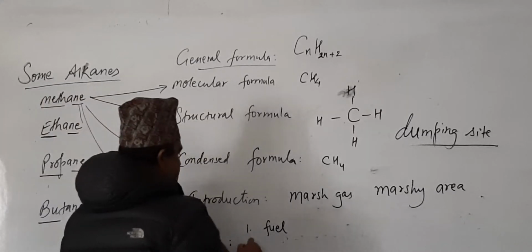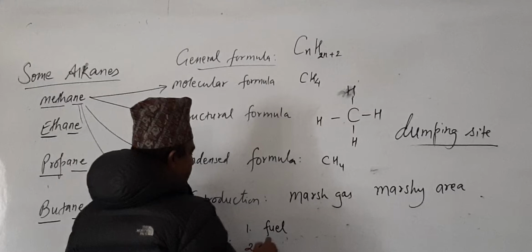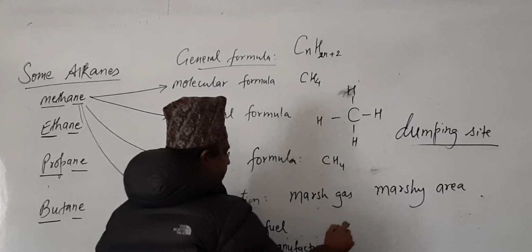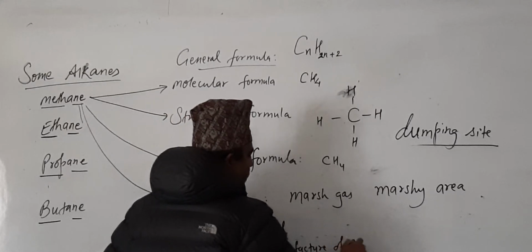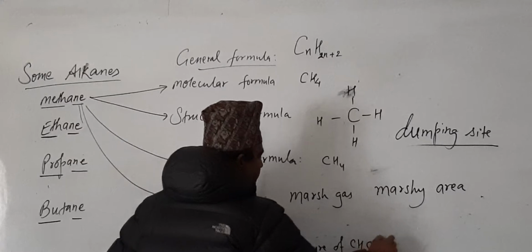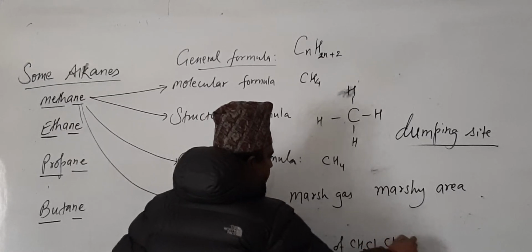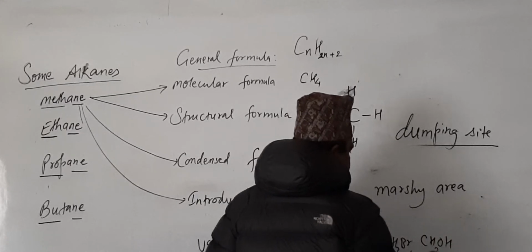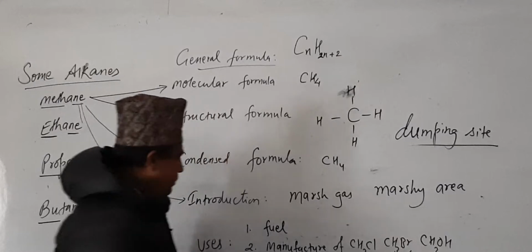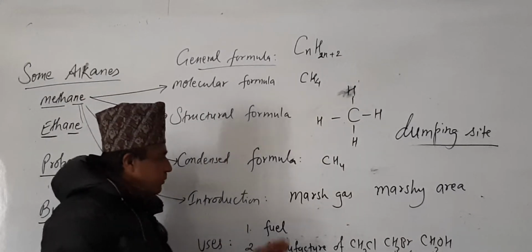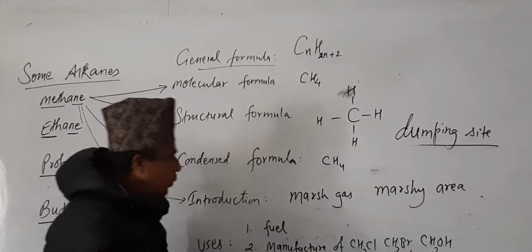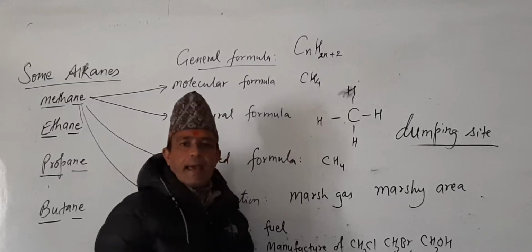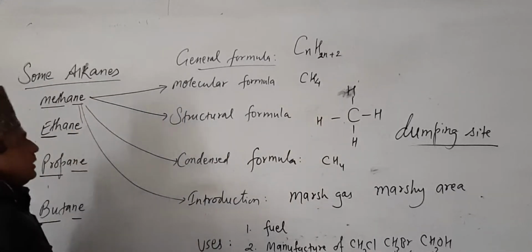Number two, it is used for the preparation or manufacture of methyl chloride CH3Cl, methyl bromide CH3Br, and CH3OH, which is methyl alcohol, etc. So methane can be used for the manufacture of different chemicals like methyl chloride, methyl bromide and methyl alcohol.